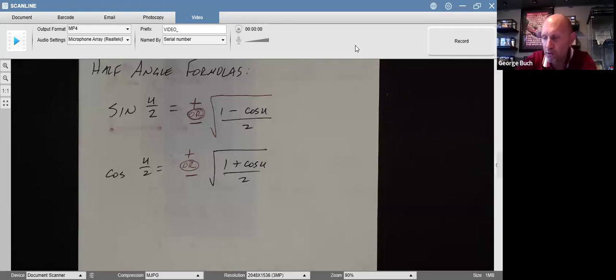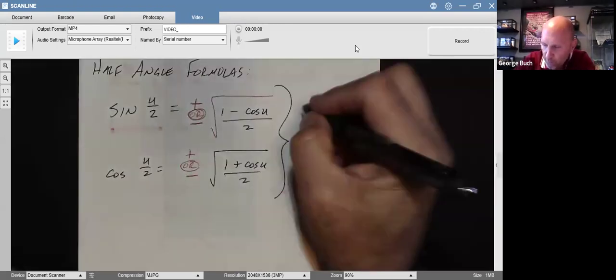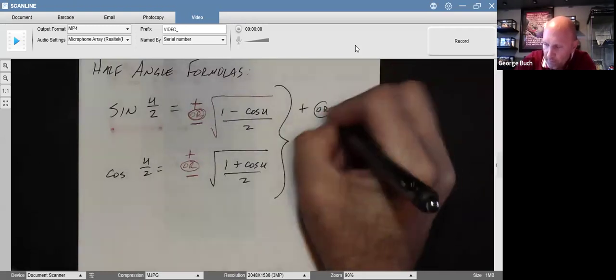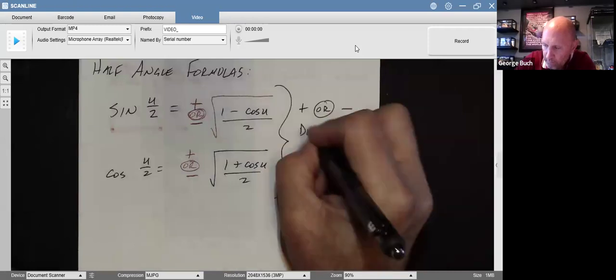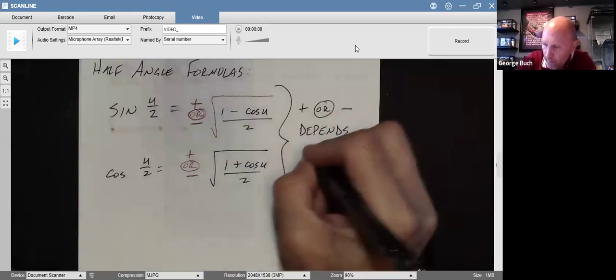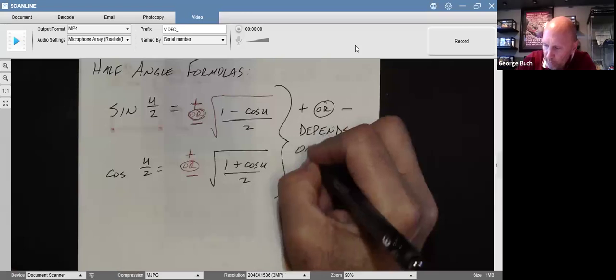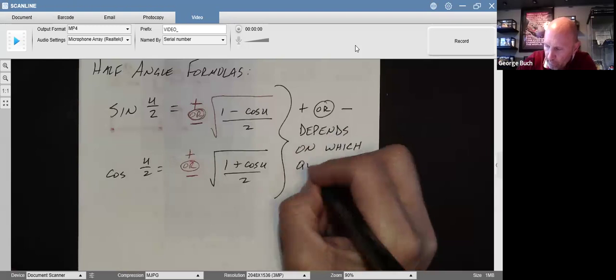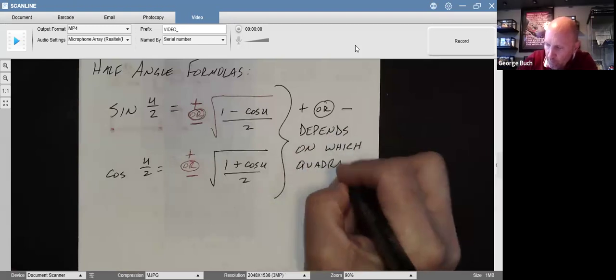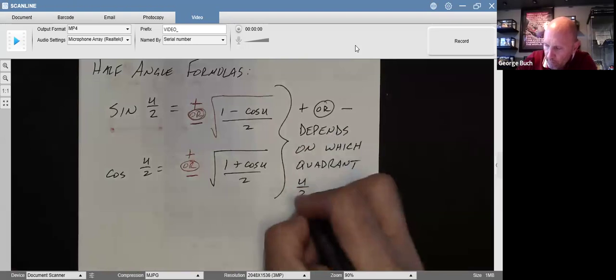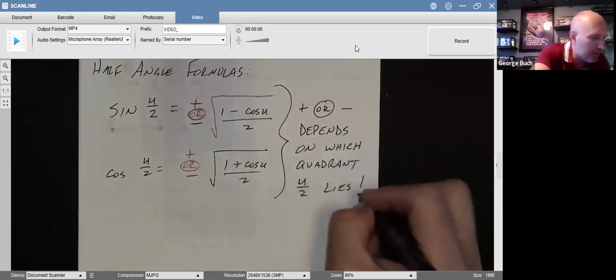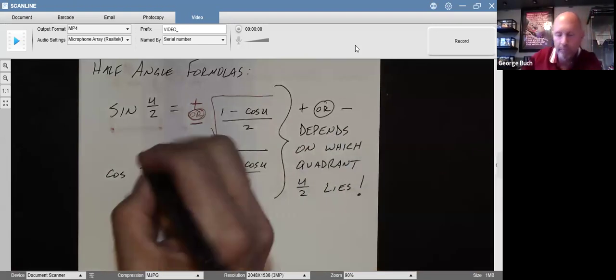Well, how do I know which one to use? It's based on the following. The plus or minus depends on which quadrant u over 2 lies in.